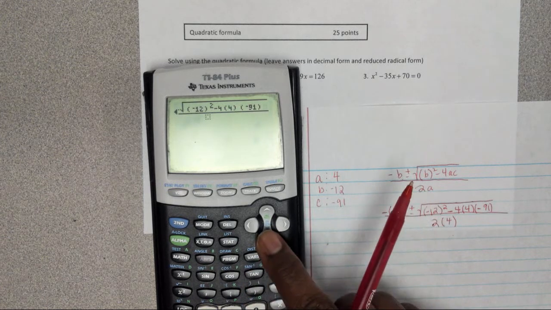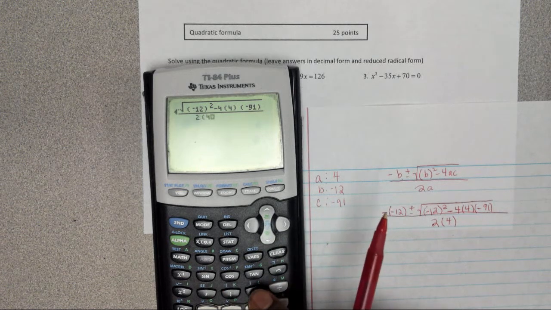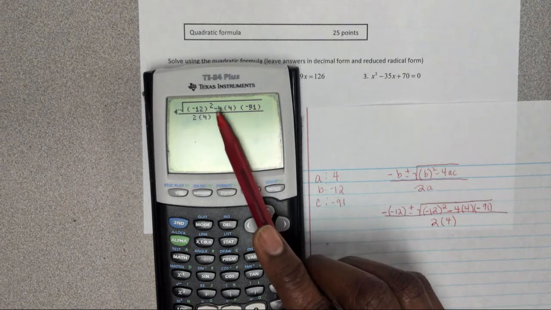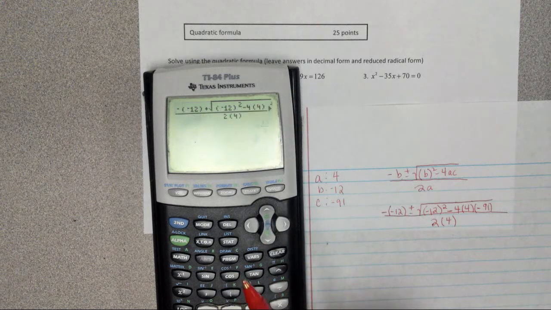And then I'm going to go down. I put 2 times 4, close parentheses. So remember again, this is a negative, this is a minus, this is a negative, right? And I'm going to hit enter.